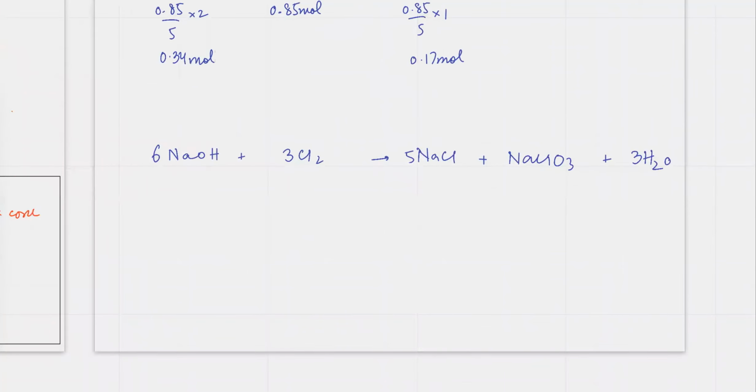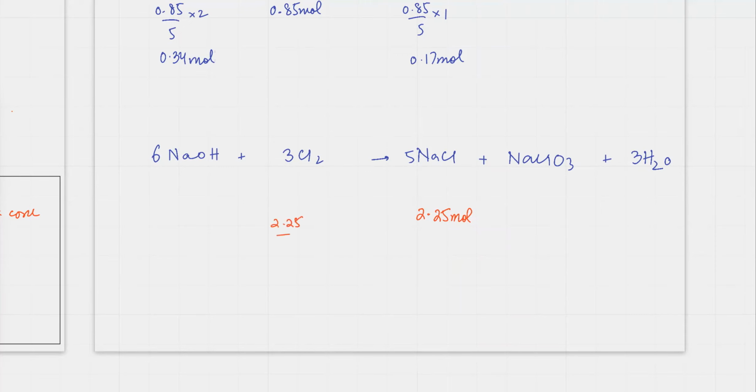So now what's going to happen? Let's say I know the moles of this thing, let's say 2.25 moles. Now quickly tell me the moles of all the other substances. So if I want to find the moles of Cl2, it's 2.25 divided by 5 into 3.